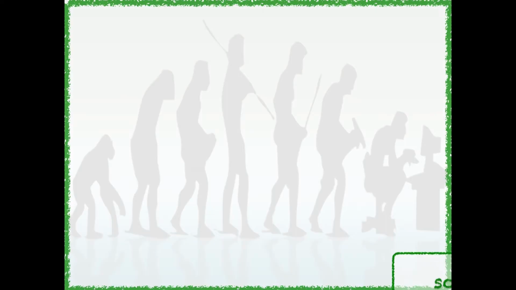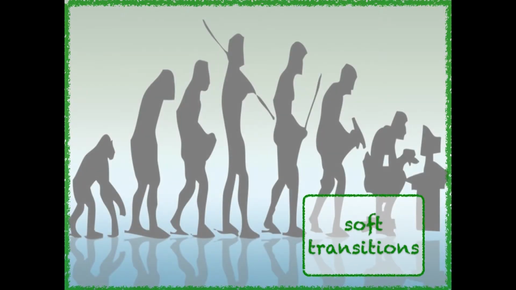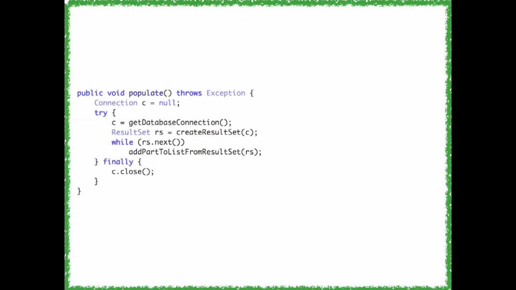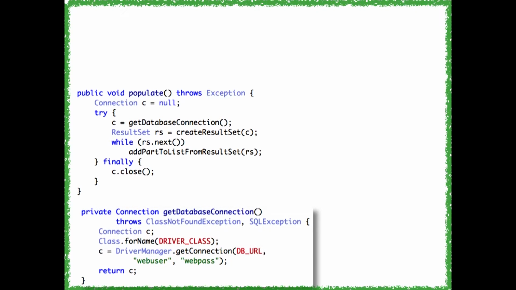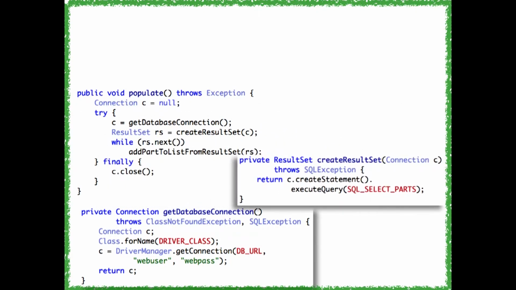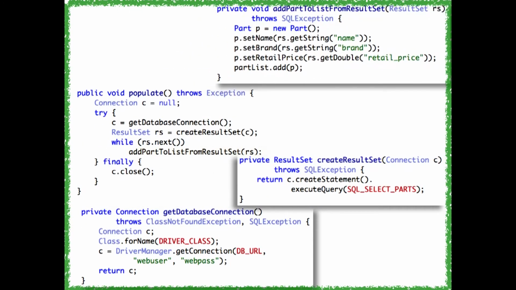So this is an example from one of my technical decks about doing a refactoring and using these soft transitions. So I start out with some code that looks like this, and I want to talk about extracting each one of these pieces one at a time. And so I'm doing animations to pull those things out, and then transitions to move between slides. And so here's an example.